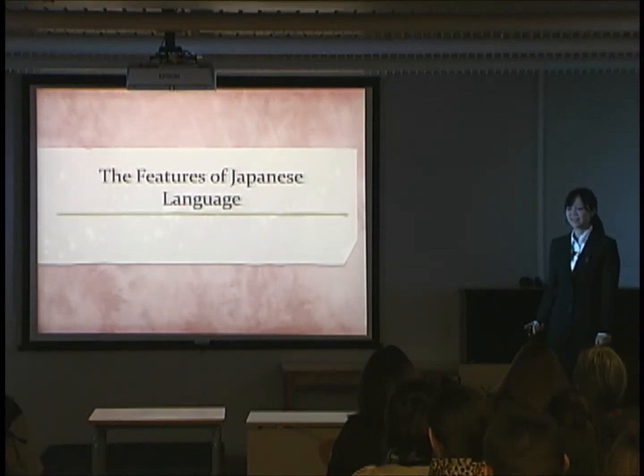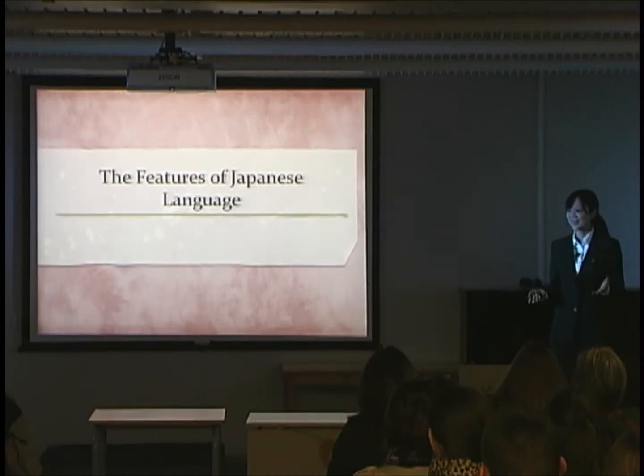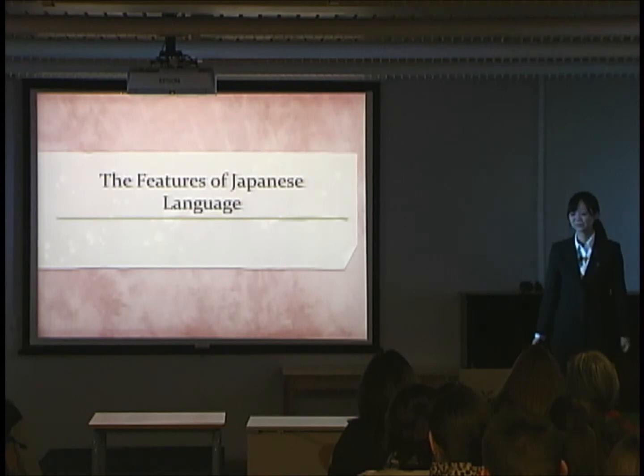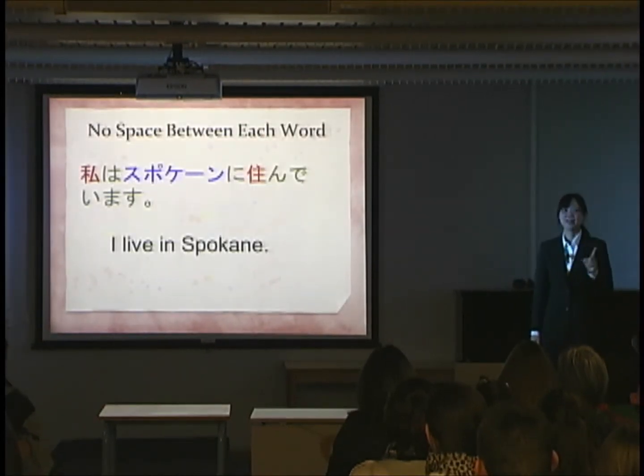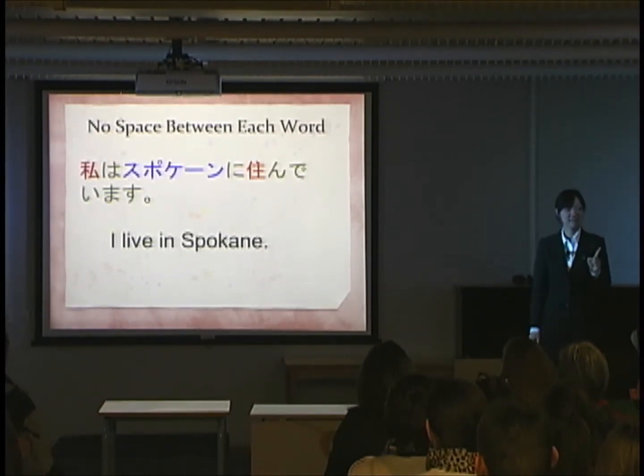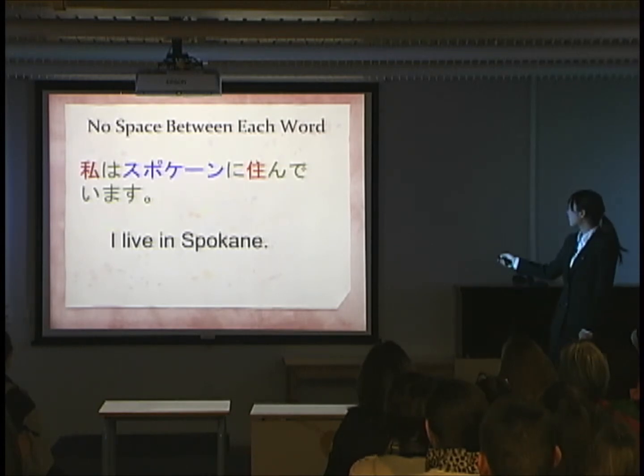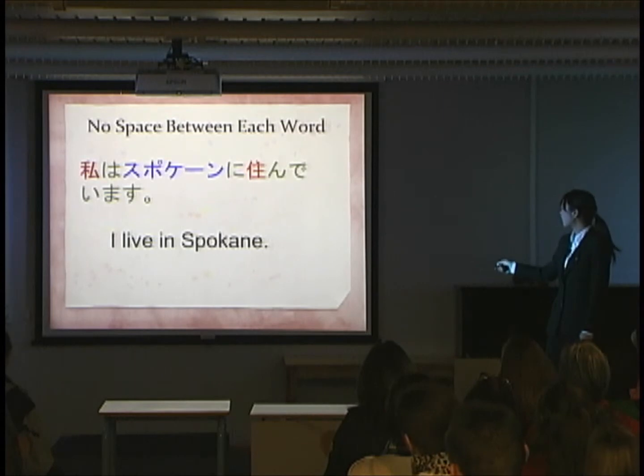Now, I will move on the features of Japanese language. There are many interesting features in Japanese language. First, Japanese sentence doesn't have any spaces between each word. Compare these two sentences, Japanese sentence and English sentence.